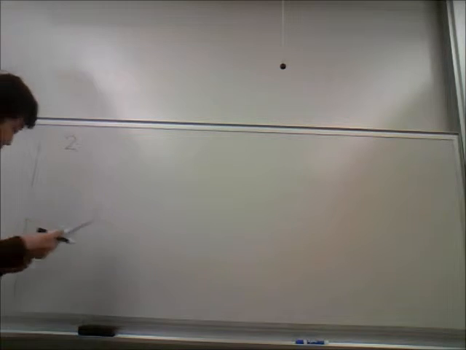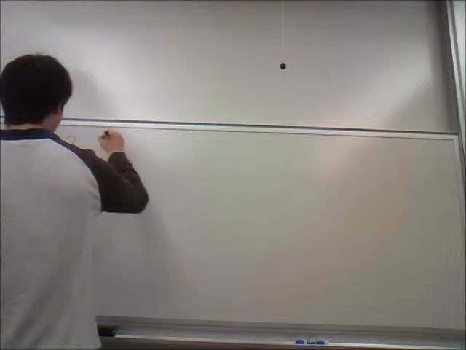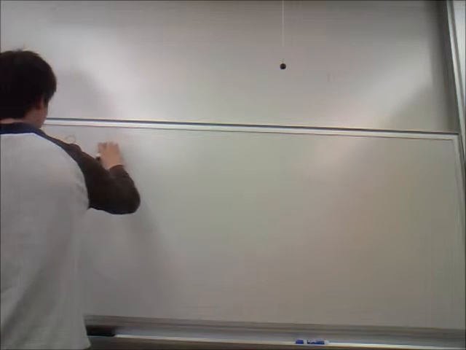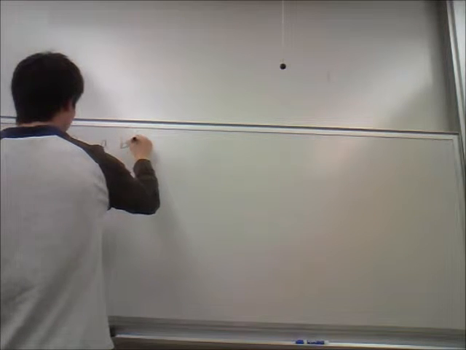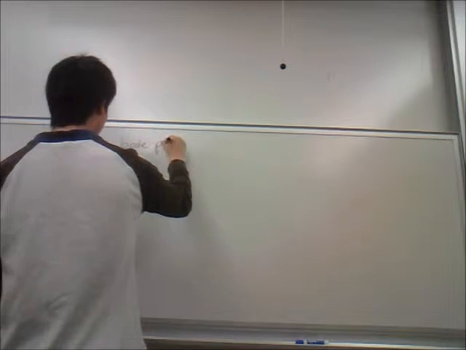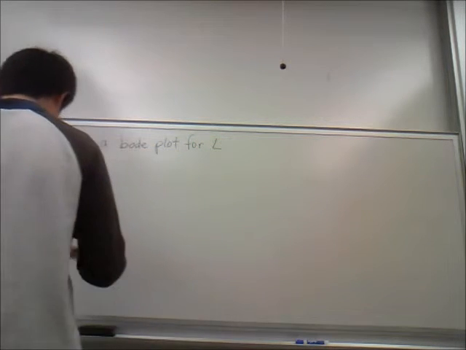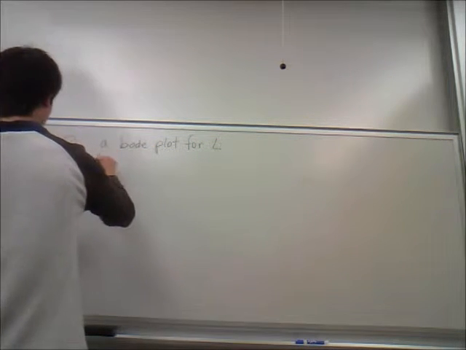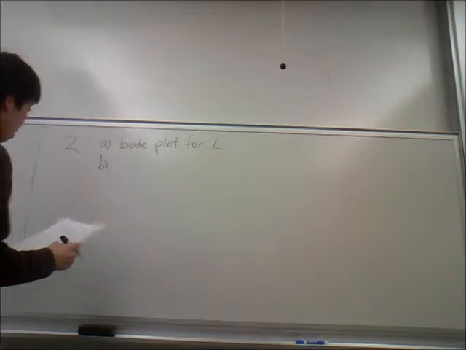We're going to do this graphically. I'm not going to write it out. First you want to draw the Bode plot for the linear part. Then you want to find N.